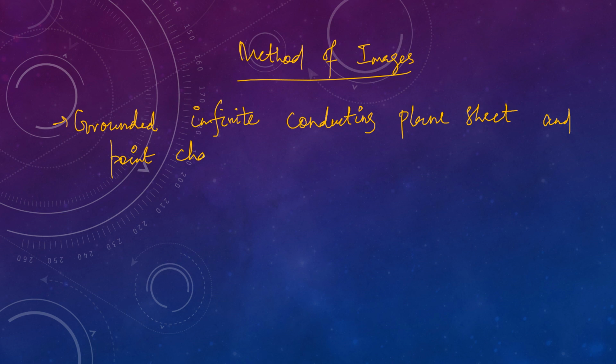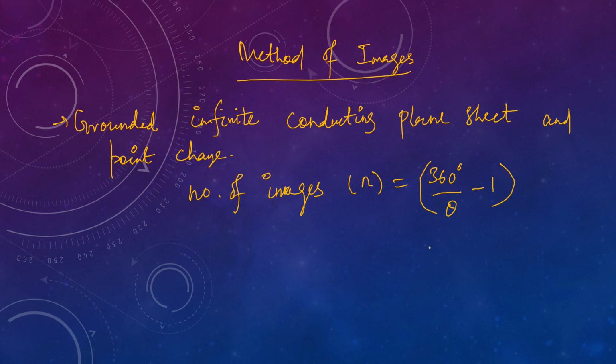So here the number of images n is equal to 360 by theta minus 1.